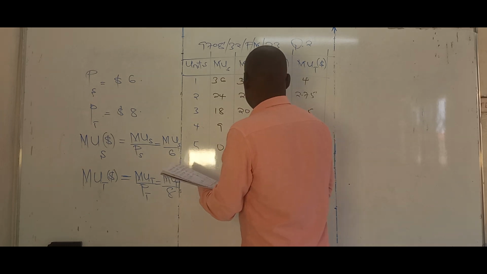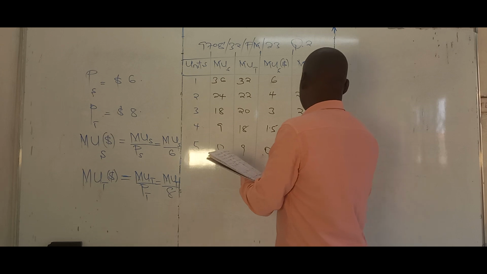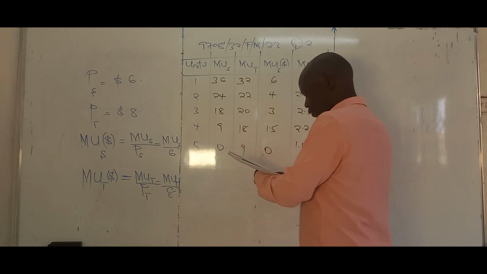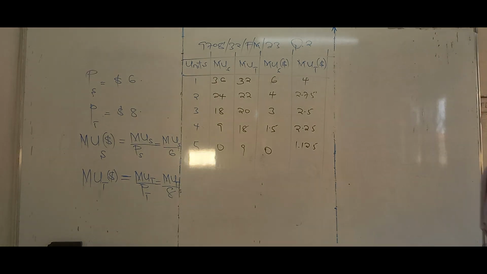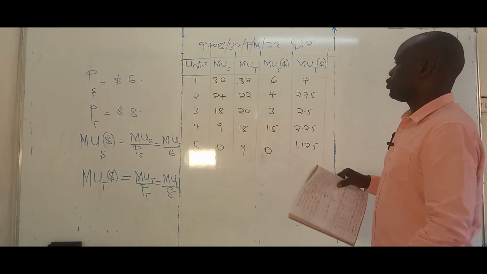And 9 divided by 8 should be 1.125. So those are the entries that correspond to the marginal utility per dollar for good S and good T.